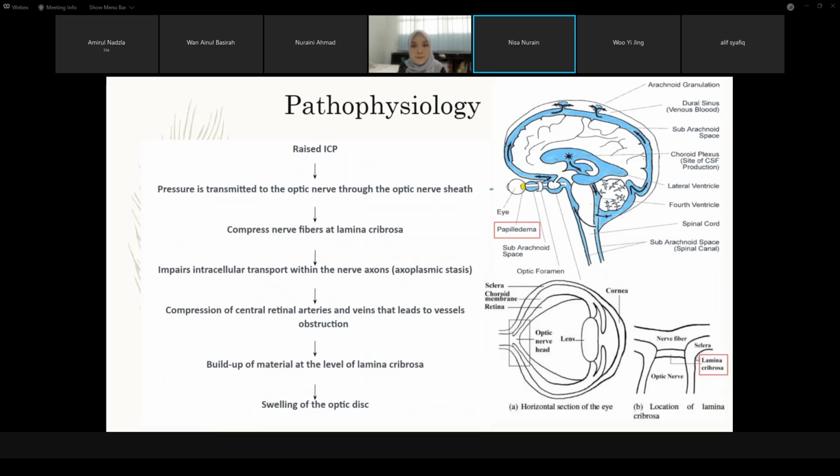And then it will impair intracellular transport within the nerve axon, due to the compressed nerve fiber at the lamina cribrosa. The compression of the central retinal artery and vein will lead to vessel obstruction. And then it will build up material at the level of the lamina cribrosa, and that causes the swelling of the optic disc. Okay, in the picture above, we can see the box in red, the yellow color is the papilloedema.